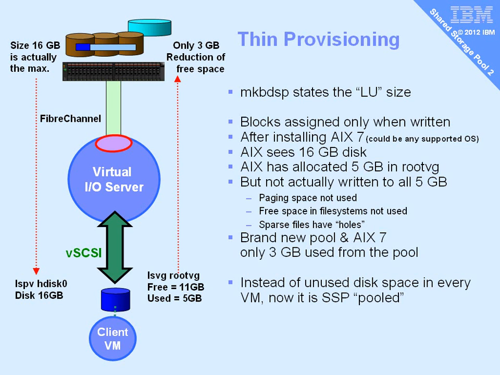It means that instead of having this 11 gigabytes in this very small case free per AIX, maybe it's actually per file system in the actual machine or per disk. If we add up for lots and lots of virtual machines, maybe we've got 200 virtual machines each with tens of gigabytes of unallocated space ready to use if necessary.